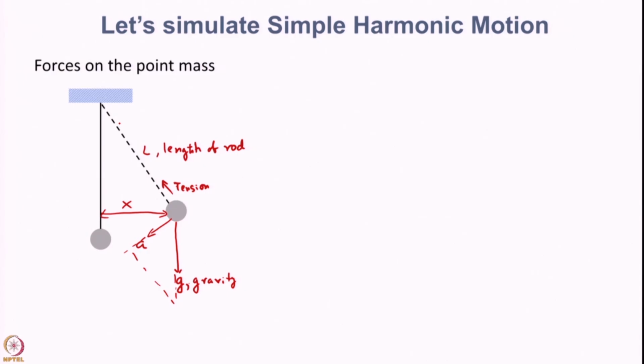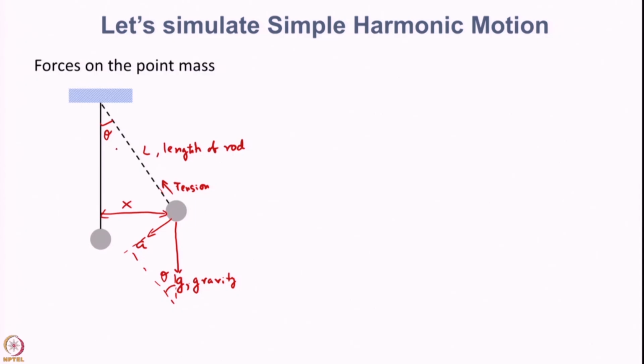Now, we actually can see two different triangles. One is a triangle formed by this x and L and its equilibrium position here, which is defined by this theta, and another triangle formed by this G as well as A, and using simple trigonometric relations it is easy to show that both these angles theta are actually the same.